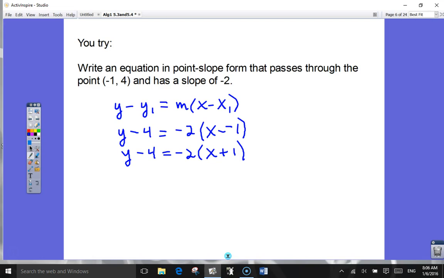No, I said solve for y now. Do what we did on the other problem. Who's got an answer?